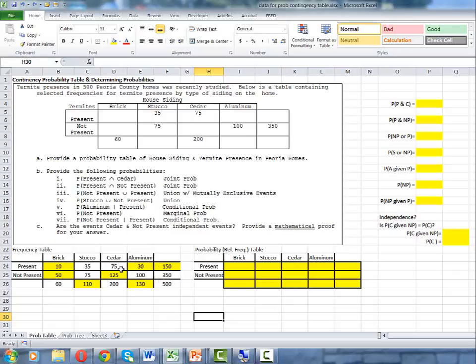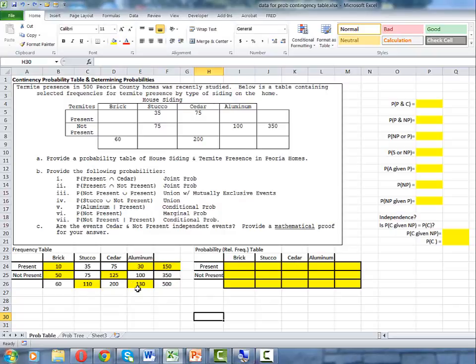Based on what we have knowledge of, we can complete the table, because we know that there are 500 homes, and so then we can work from there. There would have to be 150 that have termites present. We know that there has to be 110 stucco homes, because these two would add up to 110, and then these 3 plus this unknown here would have to equal 500.